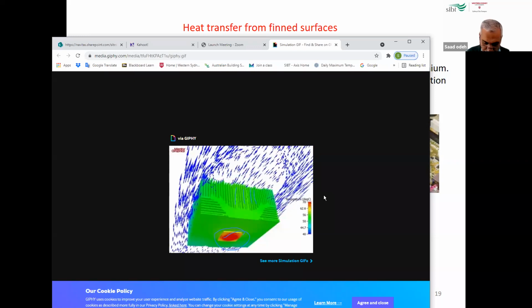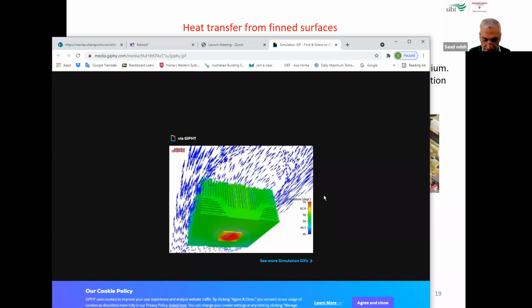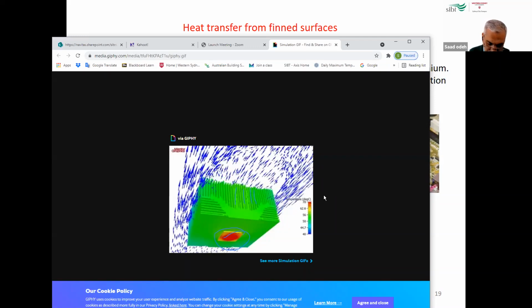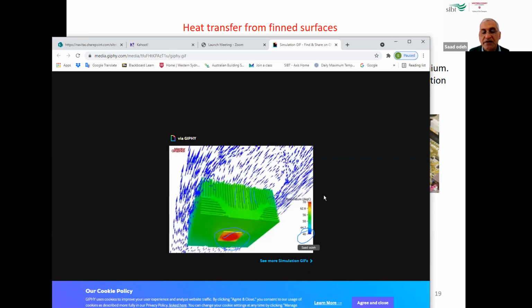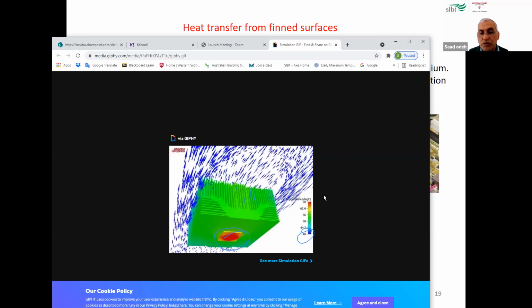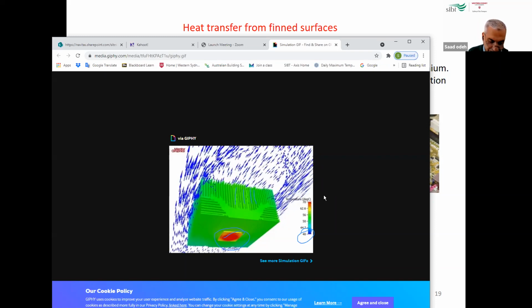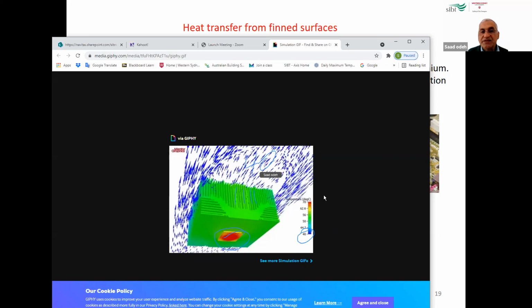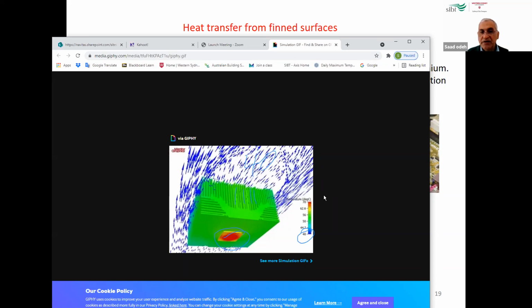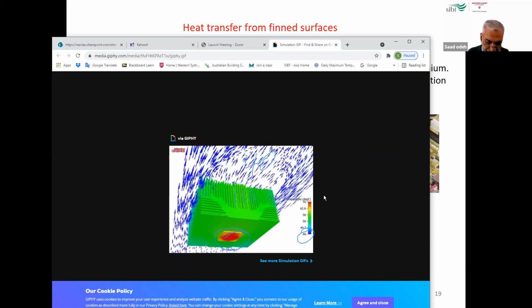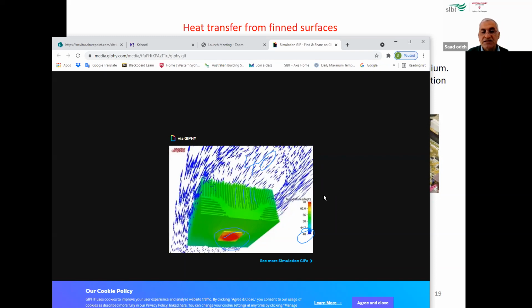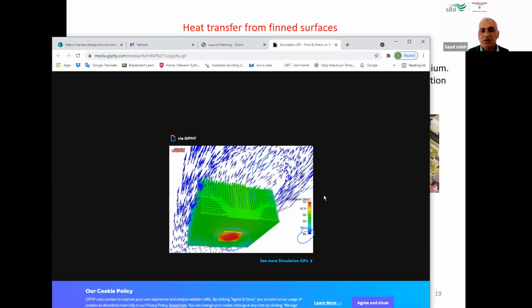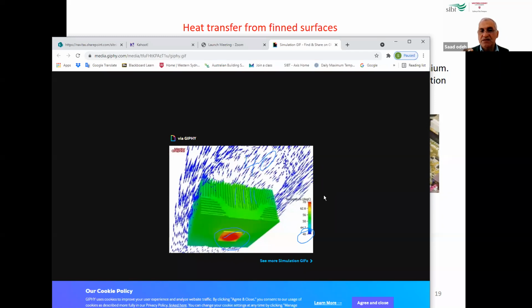If you look at the color code on the right side, this color here represents 40 Celsius, which is the temperature of the surrounding air. And look at the temperature of the IC, it's about 70. So we keep the IC at 70.